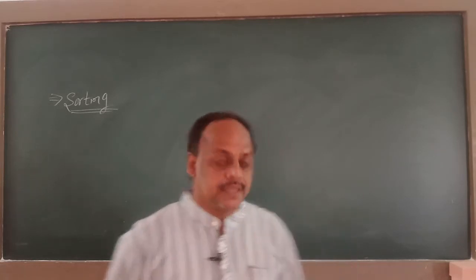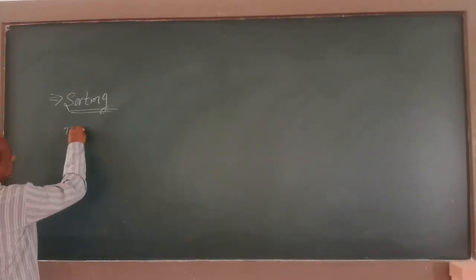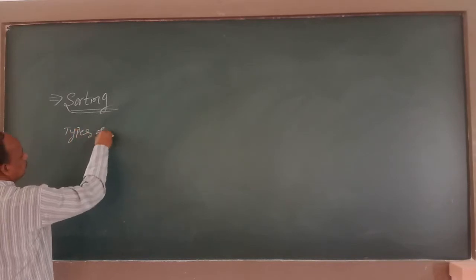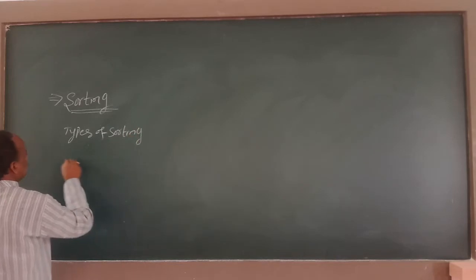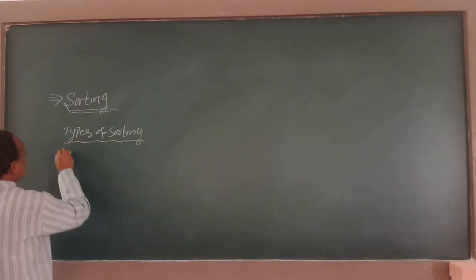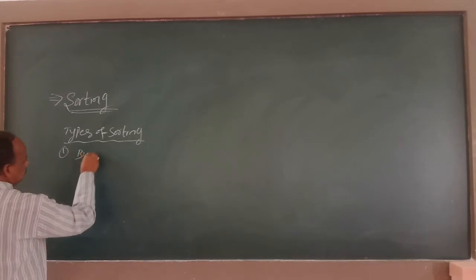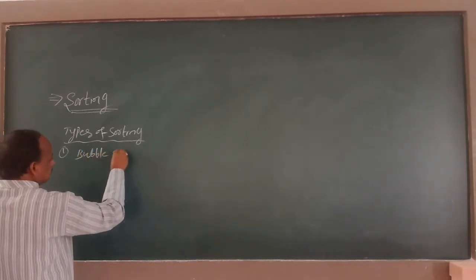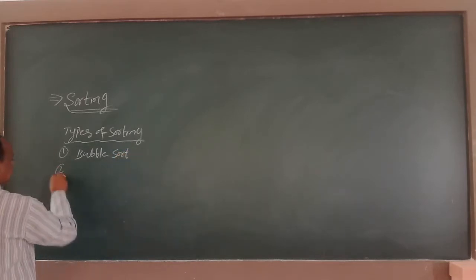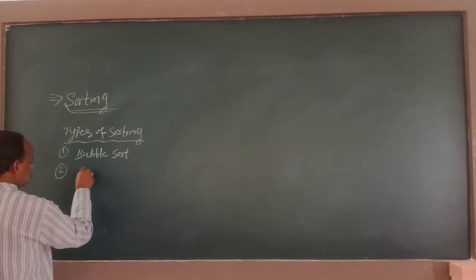For example, types of sorting. First one, bubble sort. Second one is selection sort.